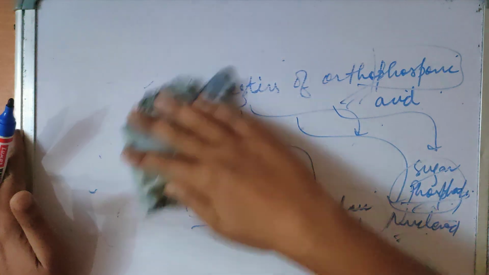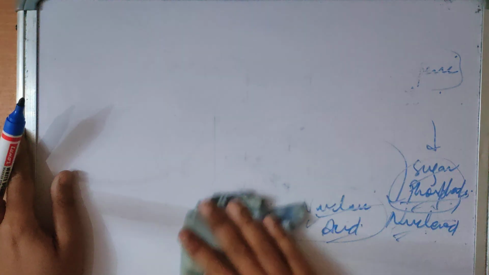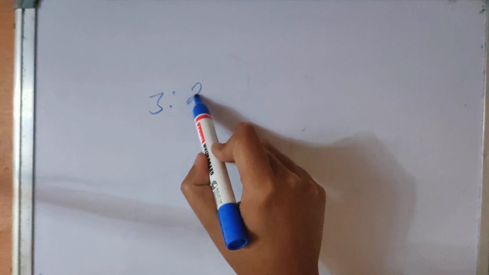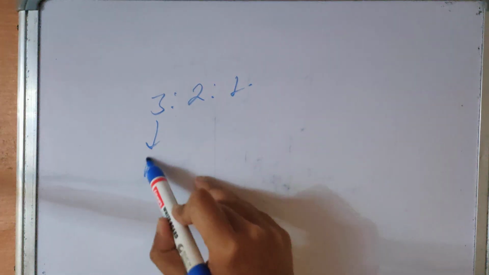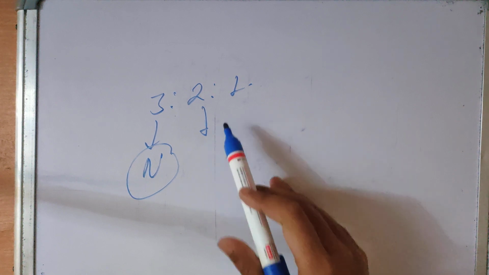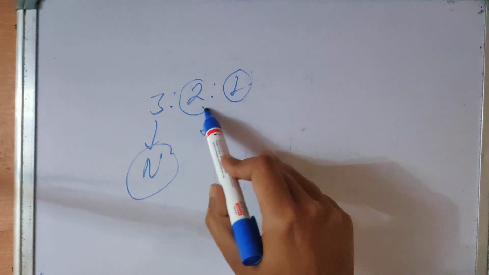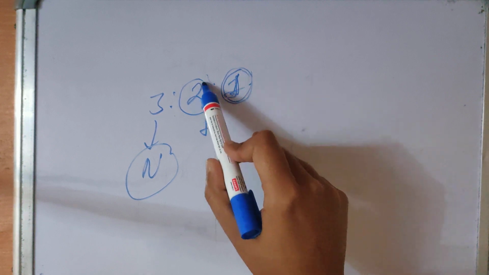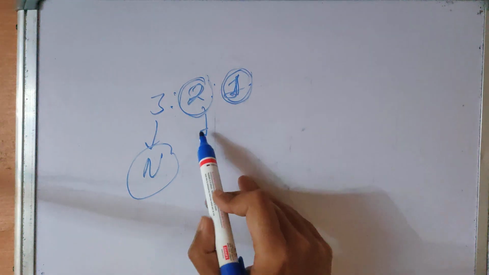You all know that in Indian soils we have a high amount of potassium, but when it comes to phosphorus it is in a lower amount. That's why when you apply fertilizers, most of the time we apply 3:2:1, the higher amount being nitrogen, because it is highly taken up by plants for their growth. But when you see potassium and phosphorus, potassium is given in 1 ratio while phosphorus is in double the ratio of potassium.